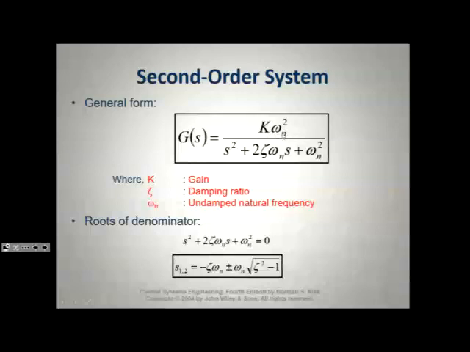Omega n is the frequency at which the system would oscillate continuously if it had no damping, and that's in radians per second. s is your Laplace transform variable, so that doesn't really mean anything. And this strange sort of symbol here, zeta, which I'm really bad at drawing, by the way, is the damping factor. Okay? Or we call it damping ratio there.